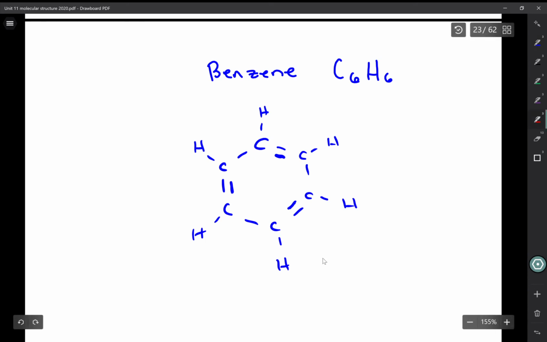Now these double bonds will shift. That will pop over there, that'll move over to here, that'll move over to there. So we can rewrite it. Put our hydrogens back there.